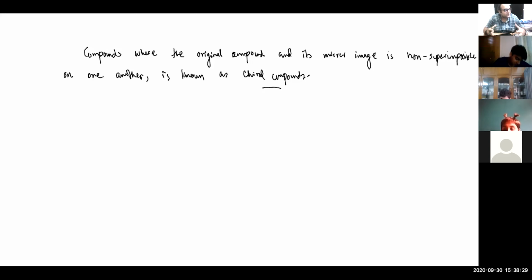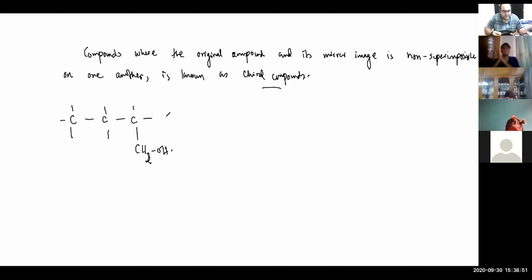Skeleton wise, they will have the same number of carbons, hydrogens, oxygens, nitrogen, sulfur, whatever it is. Their linking will also be the same. Suppose one carbon has CH3, then CH2OH, then CH3. Okay, this is one of the compounds. And another compound could be CH3, CH2, O, CH2, CH3.